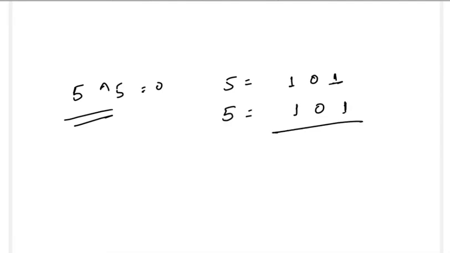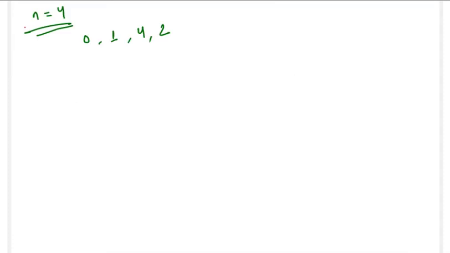So if we do 5 XOR 5, we will get 0. Why? Because 5 can be represented as 1, 0, 1, and if we XOR it again with 5, that is 1, 0, 1, then we will see that all bits are similar and we know that similar bits give 0 in a XOR operation.